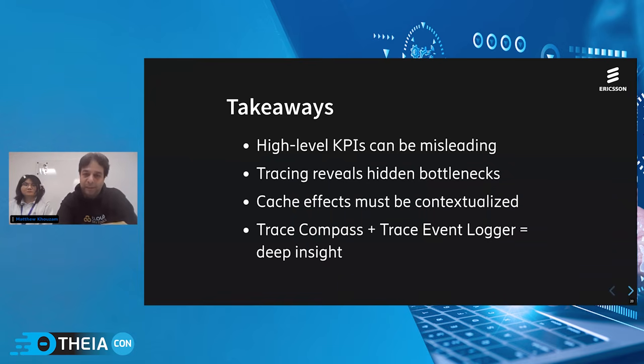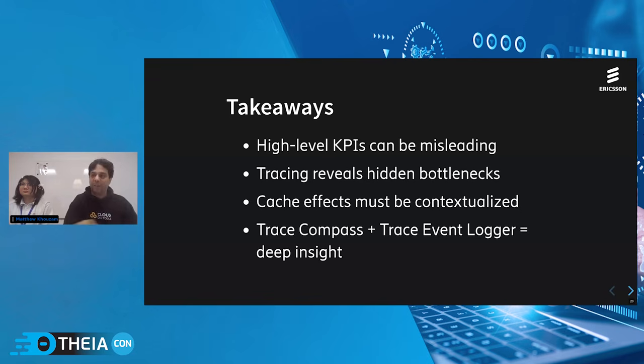So what are the takeaways here? First off, high-level KPIs are really good, but they can be misleading. Secondly, when you do tracing, you will see the bottlenecks. The cache effects definitely have to be contextualized. You have to understand what your software is doing. You can't just say, add more cache and the problem goes away.